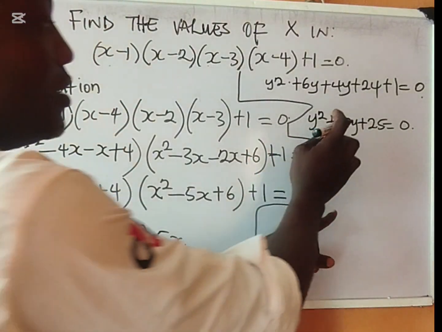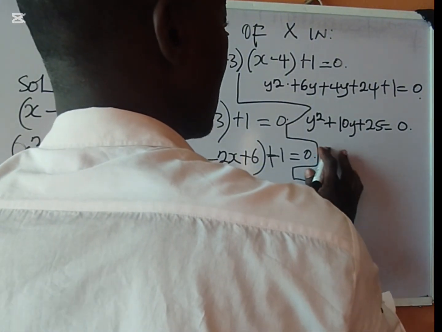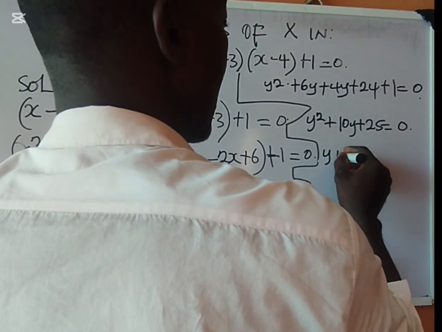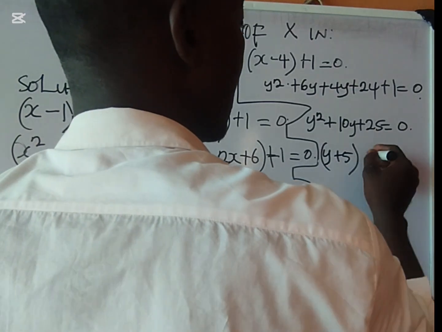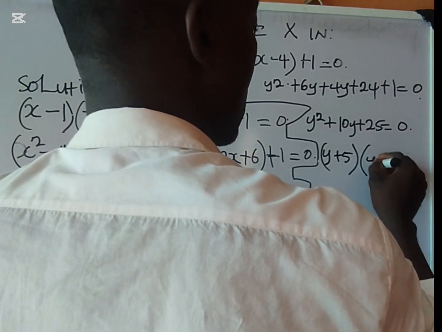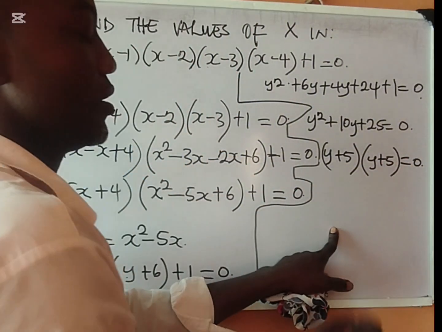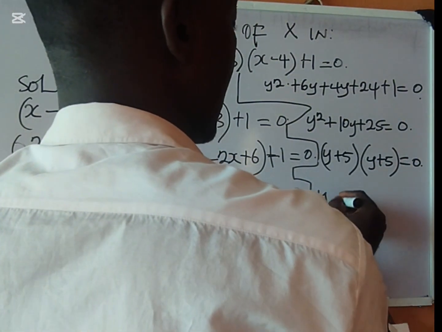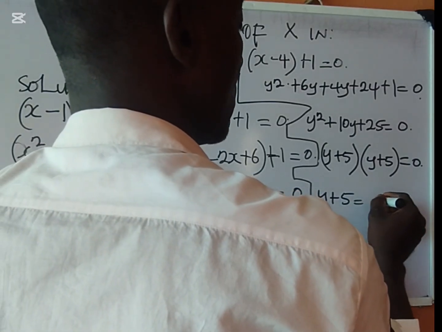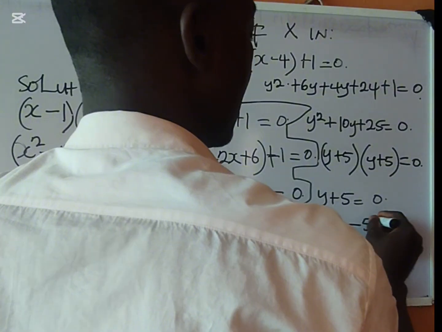For that reason, to factorize this one, (y + 5)(y + 5) is equal to 0. This implies that y plus 5 is equal to 0, which means that y is equal to minus 5.